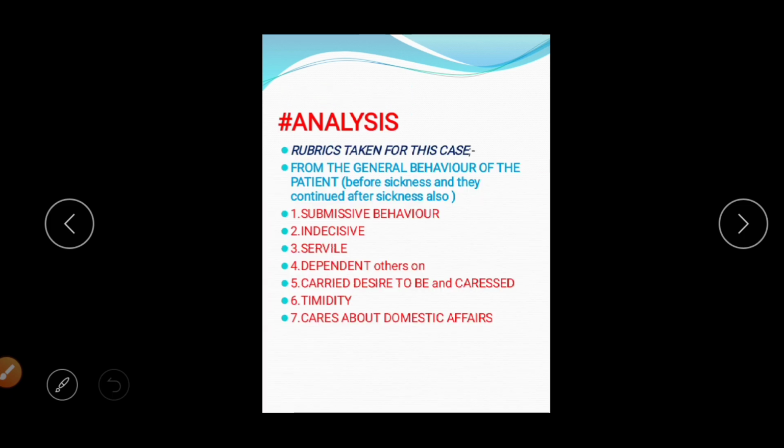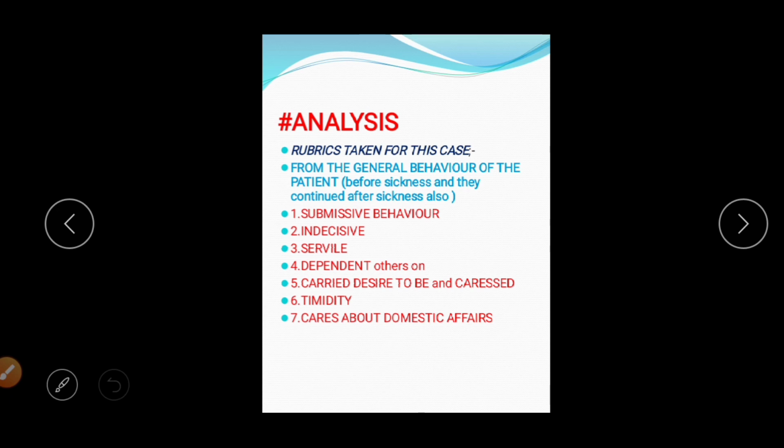Okay, so come to the analysis. Before going to the analysis, how I reached the medicine, here I put all the rubrics of the case. So please follow it.